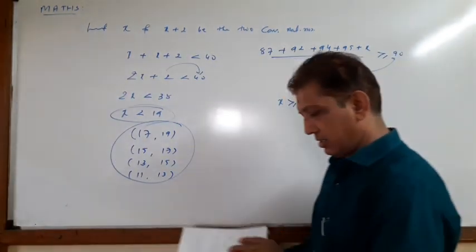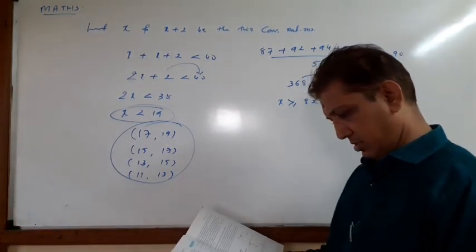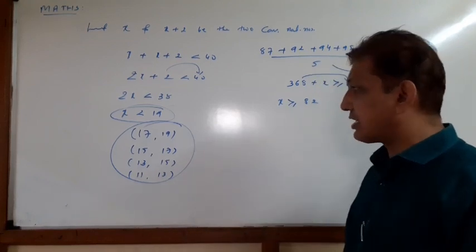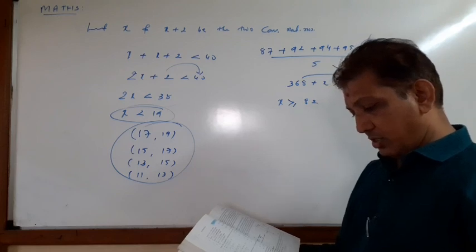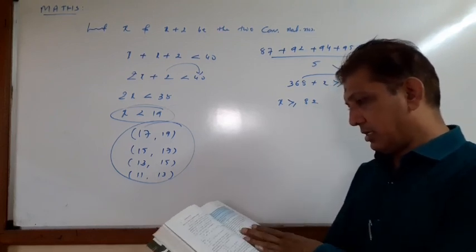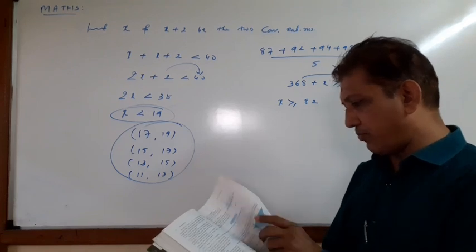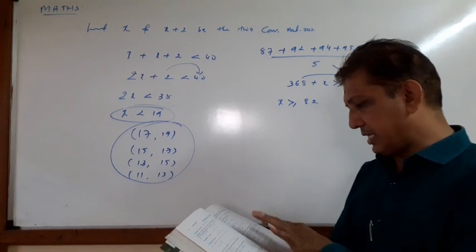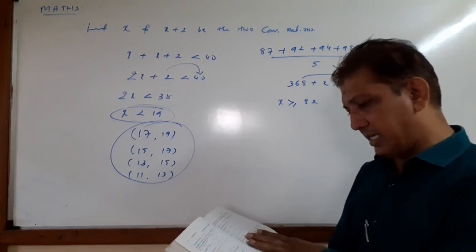So this is question number 22. Now the remaining questions we will discuss in the next lecture. Questions 23 to 26, 4 questions, are remaining in this exercise. Exercise 6.2 and 6.3 are completed, and then directly Miscellaneous Example number 19.